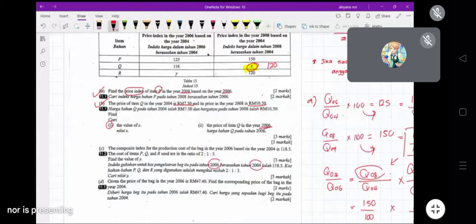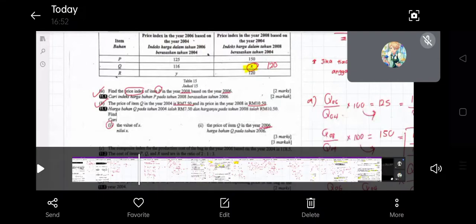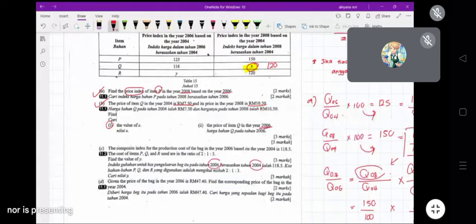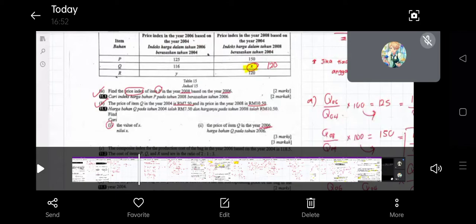Alright, so in C you'll see index. You have to use this formula called the composite index, which is called index gubahan in BM. Based on the formula we gave you just now, give me a second.